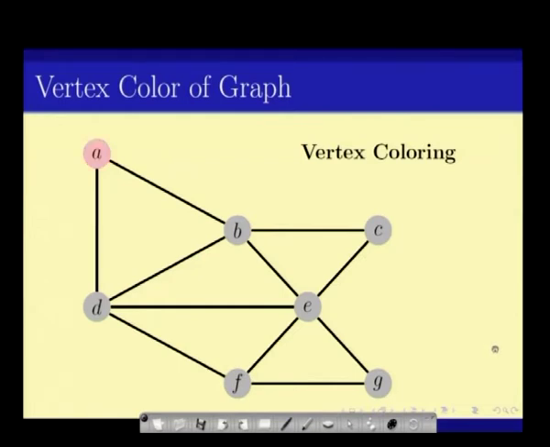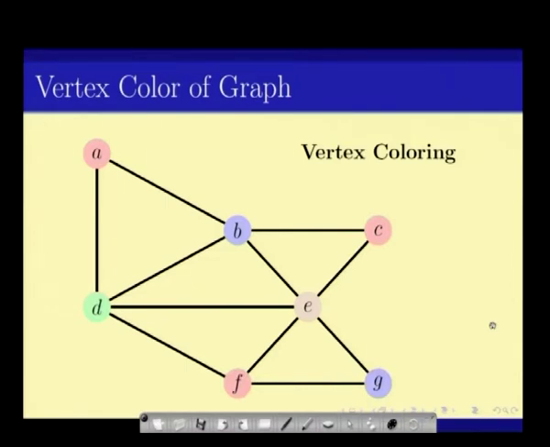We color A with red, then we can color B with blue, C again we can color with red, and D we cannot color with red or blue because it is a neighbor of A and B. So, we color D with some new color which we call green, and similarly E we cannot color with red, blue or green, and we color it with white, and similarly F and G.